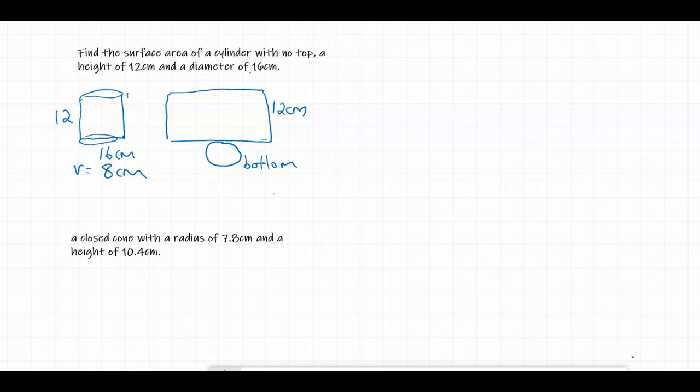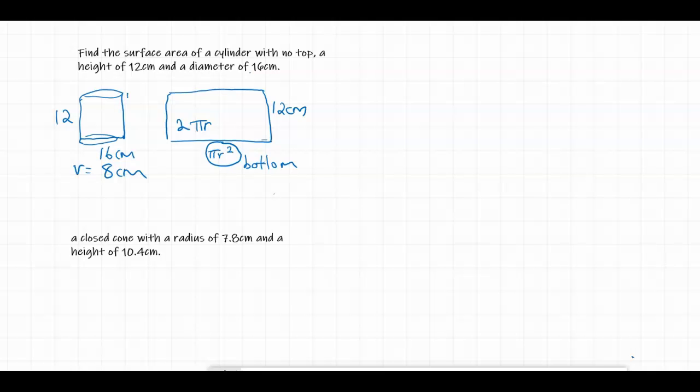This long side here has 2 pi r, and the area for the base, the bottom of it, is pi r squared, because that's the area of a circle.